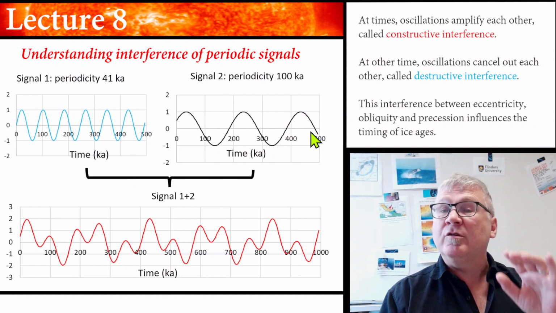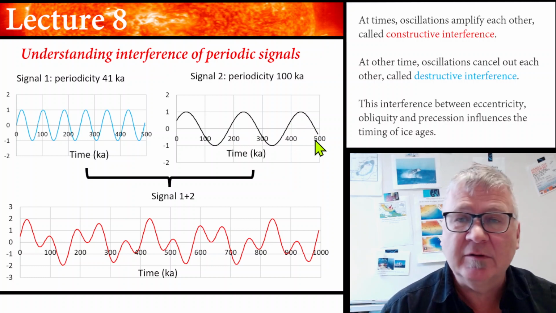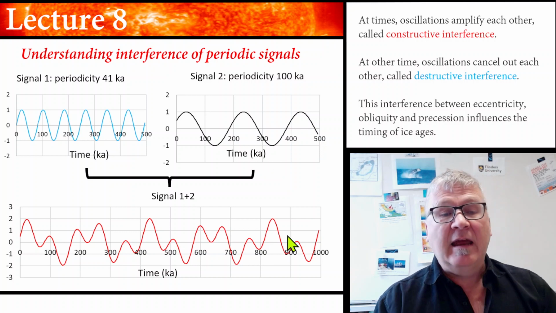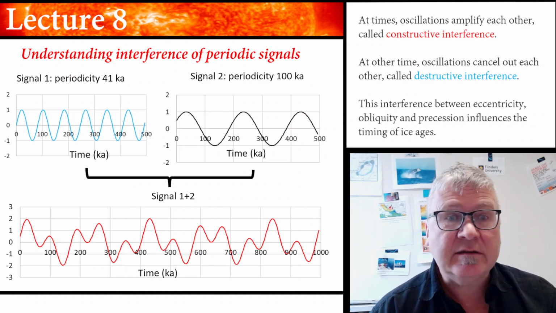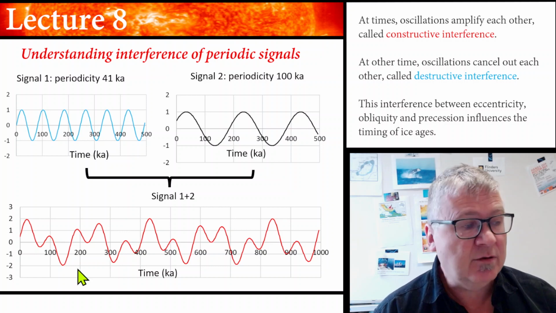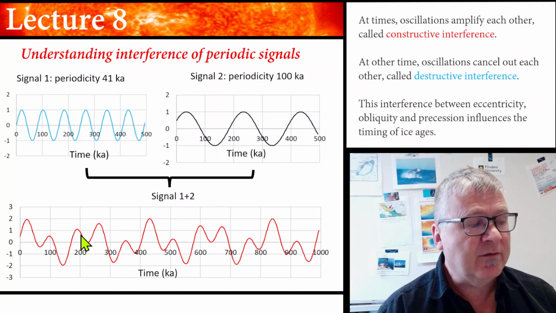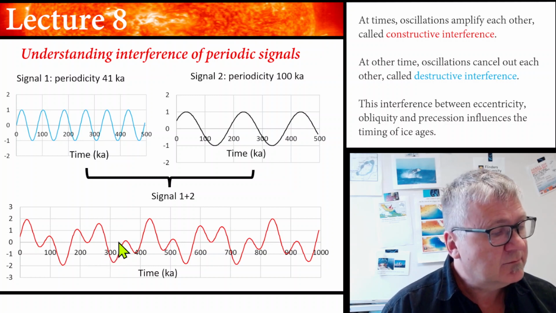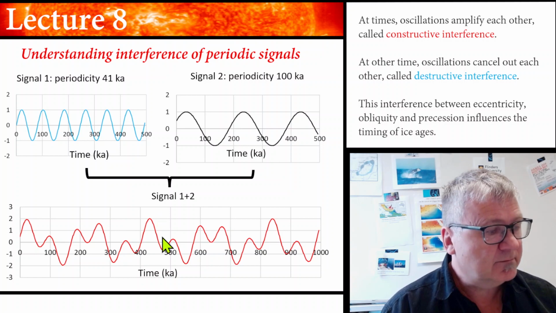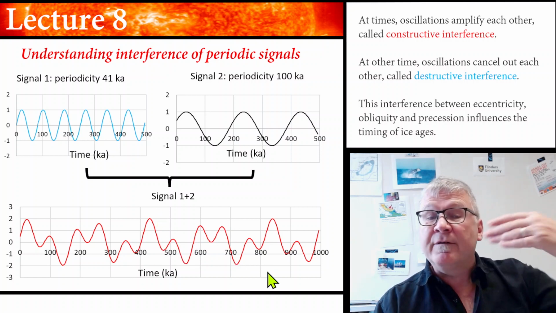And now we assume that these 2 processes occur simultaneously and they interfere. Interfering means it's the addition of these 2 signals, and you get something like this. Okay, and it's shown here over a time scale of a million years. You can see that there is an interference.